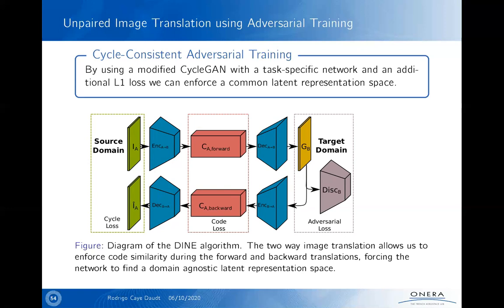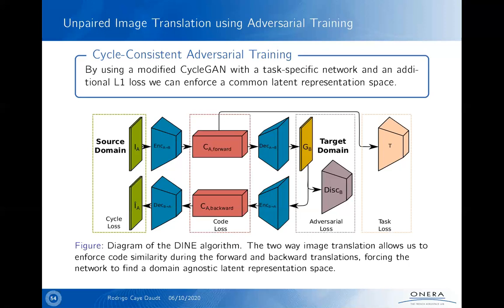Their distance is minimized. So the network learns the necessary operations to arrive at this representation space from either domain. And then using this representation, we learn a task, for example, change detection. But it doesn't need to be change detection. When I formulated this, I realized that this was more general and nothing here is specific to change detection.